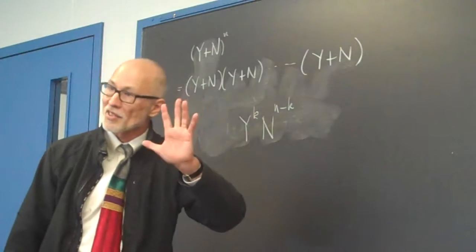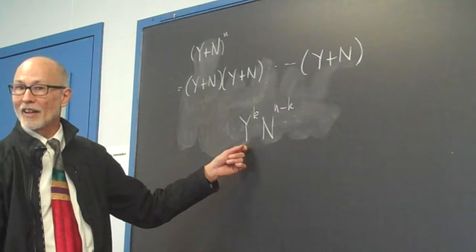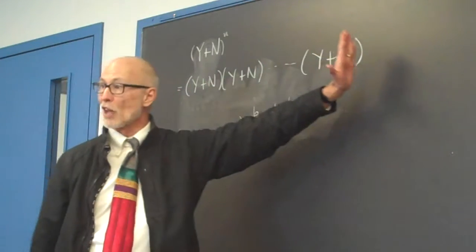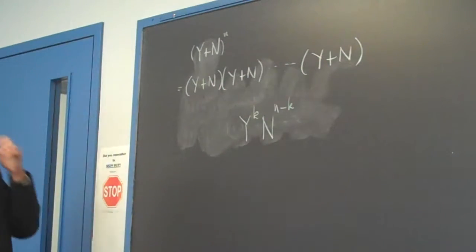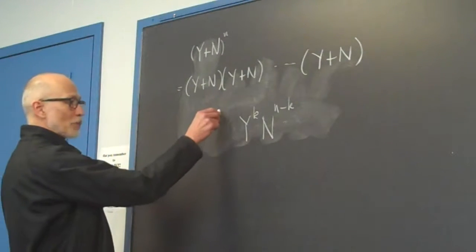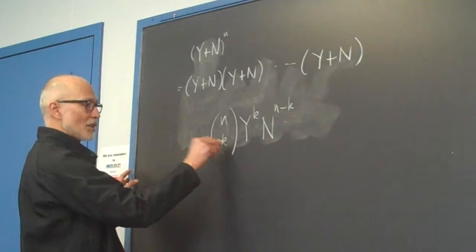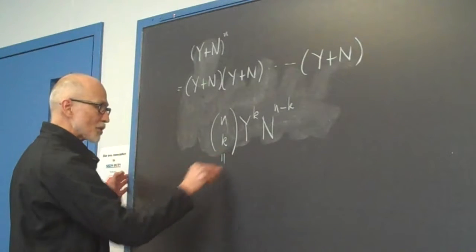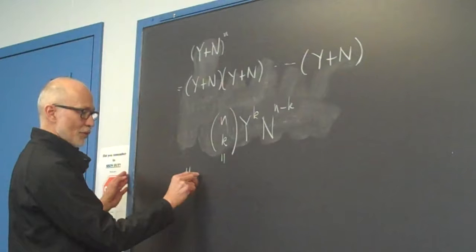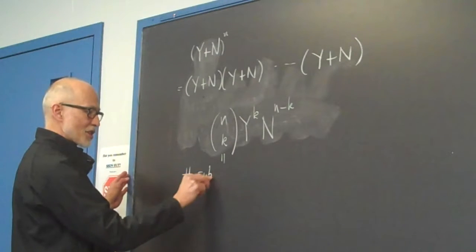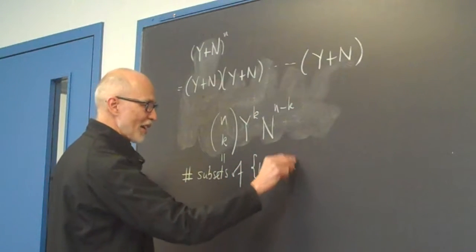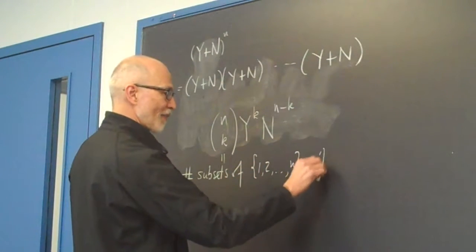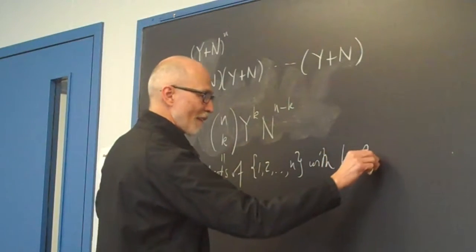Every time I do a yes, I put a yes here, and the rest of the time I pick no, because I have to pick yes or no, yes or no, yes or no. So the number that appears in front of this is going to be equal to the number of subsets of 1, 2, up to n with k elements.